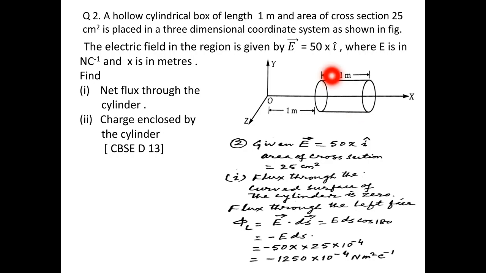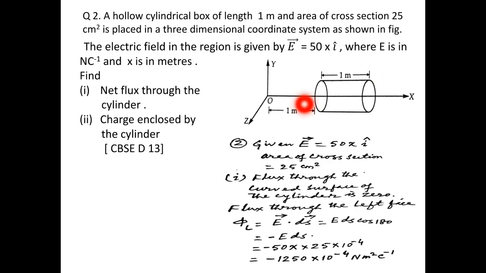Here is the curved surface. When we consider this curved surface, then we find that area vector is perpendicular to the surface and electric field is pointing towards right along x-axis. Okay. So angle between these two vectors is 90, that is why flux through the curved surface of the cylinder is 0.